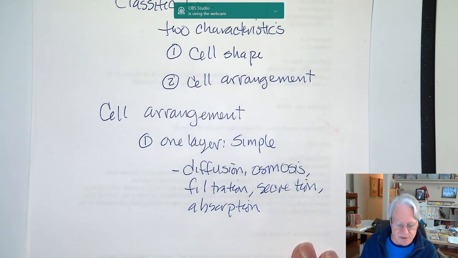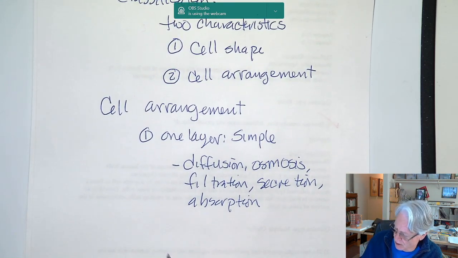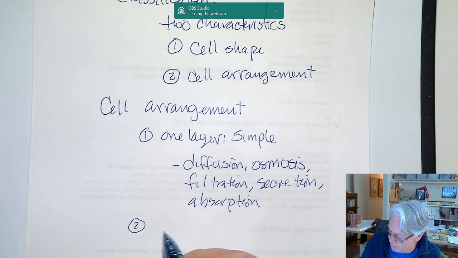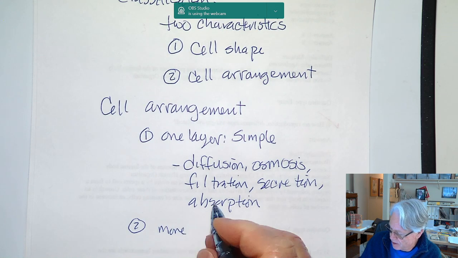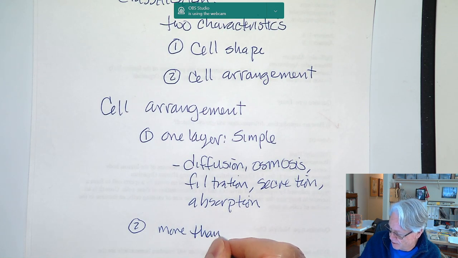One single layer of cells. Another system would be many layers or multiple layers, so more than one layer.